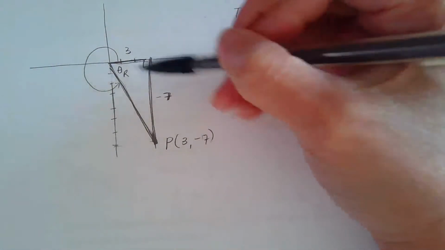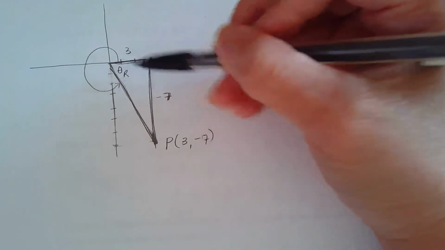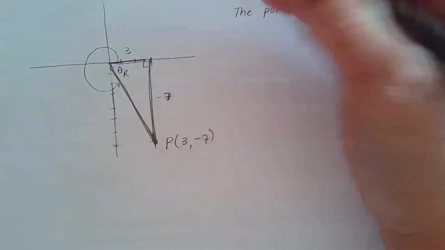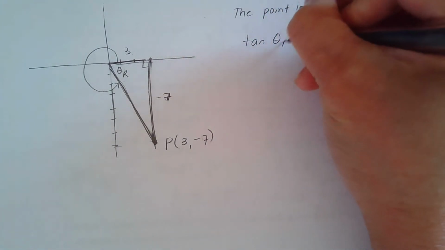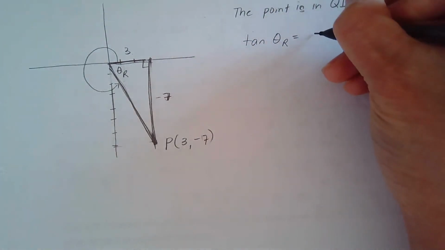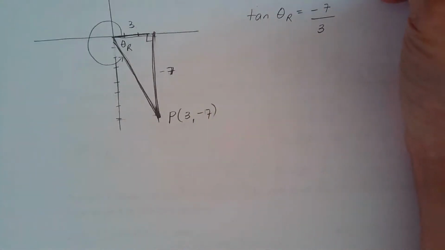What trig ratio can we use to figure out theta? We have opposite, then we have adjacent, so we're going to use tangent theta r again. It's going to be opposite, which is -7, over adjacent of 3.